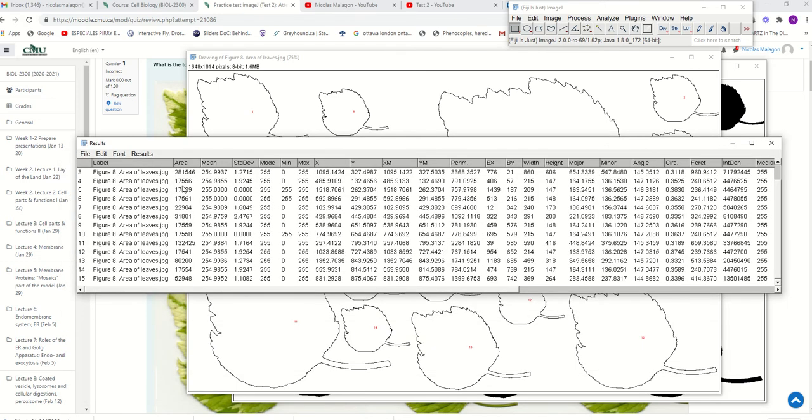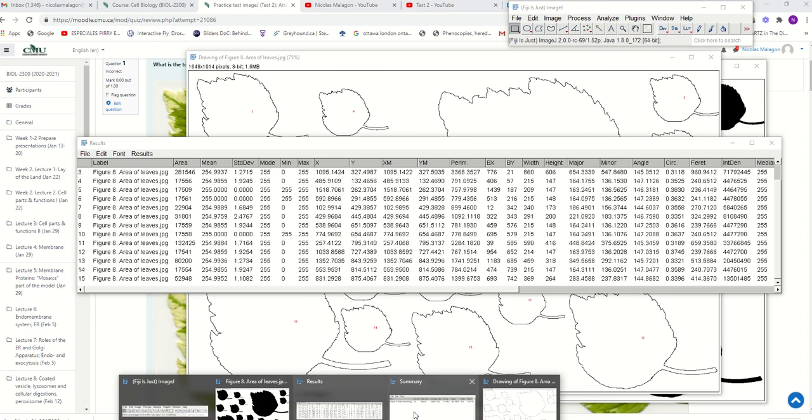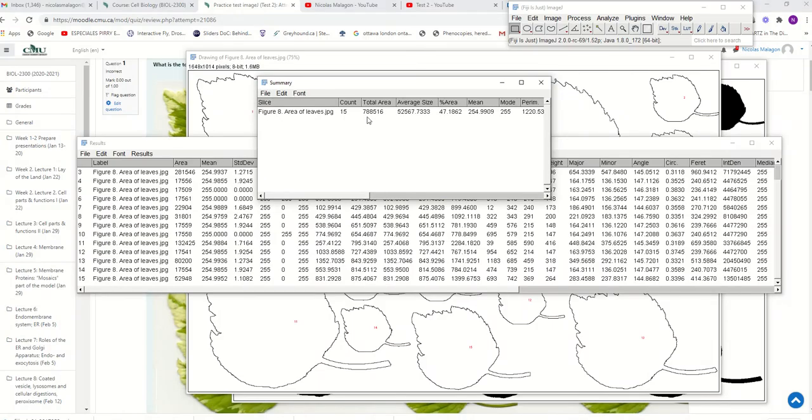Here they give you all the areas, and as you need to calculate them all together, there are two ways to do it. One way is that ImageJ does it for you, and here they give you the total area of everything, so you don't have to worry about that. They also give you the average size and the perimeter.